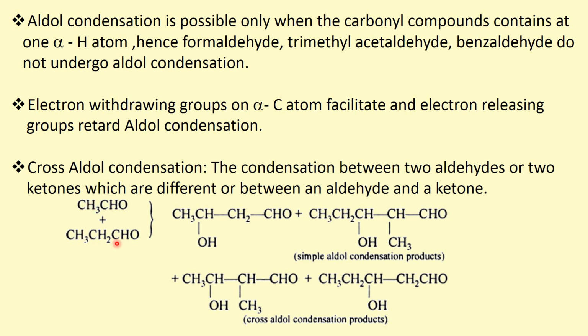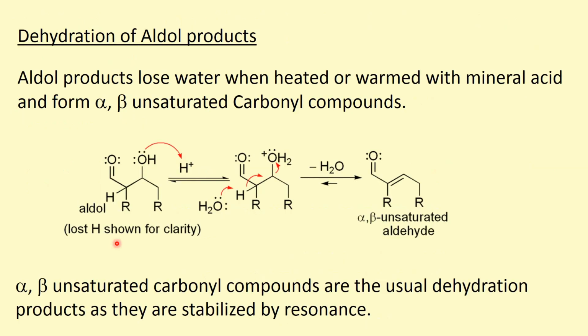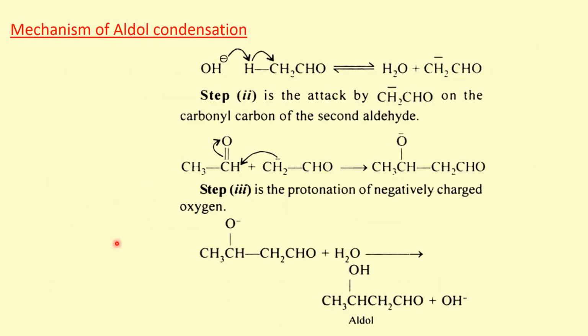Okay. Why? Because in the mechanism you have seen that the carbanion is forming. If an electron withdrawing group is present on the alpha carbon atom, then this carbon atom acquires a partial positive charge, so it can easily release the H plus and form the carbanion.